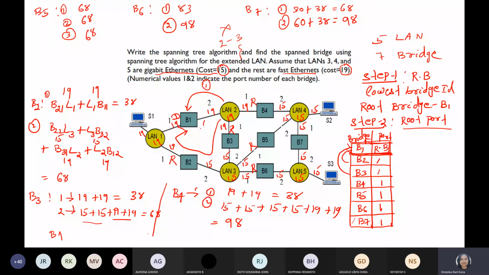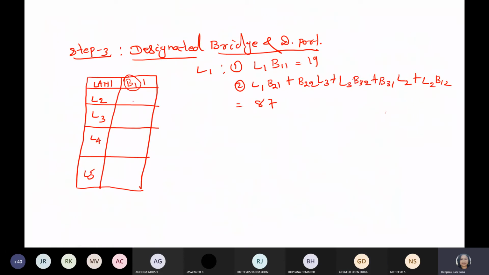It is the same as LAN 1. 19, and here it is 19 plus 15 plus 15 plus 19 plus 19. So what is the cost here? 87. So for LAN 2, which one is the designated bridge and port? Bridge 1 is the designated bridge and port 2 is the designated port. Okay.